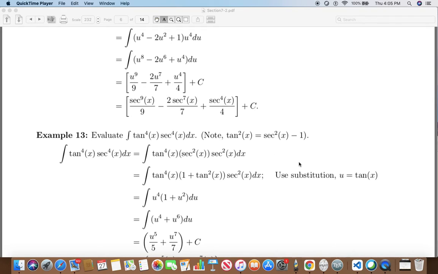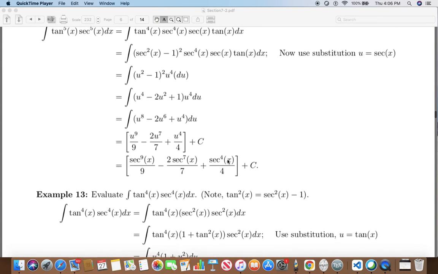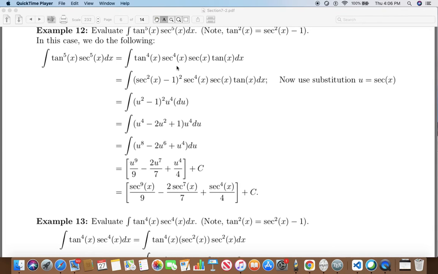So it depends on the context. If you have secant in the even power, then you can do this. But the moment secant is odd, you would have to resort to this.